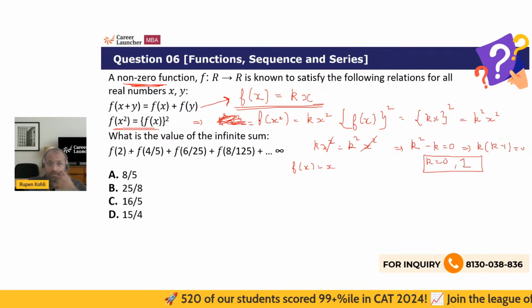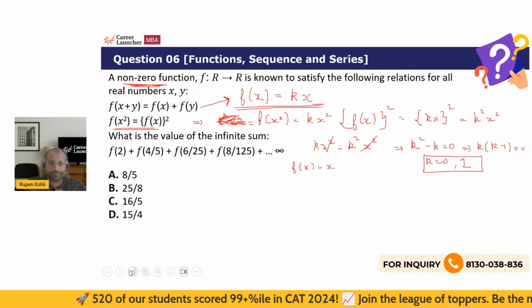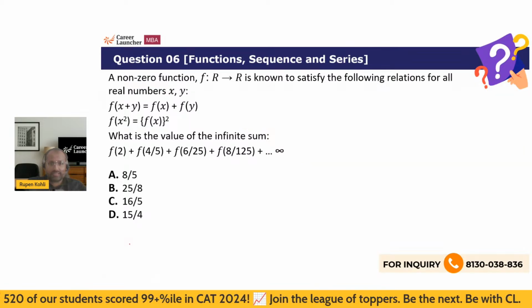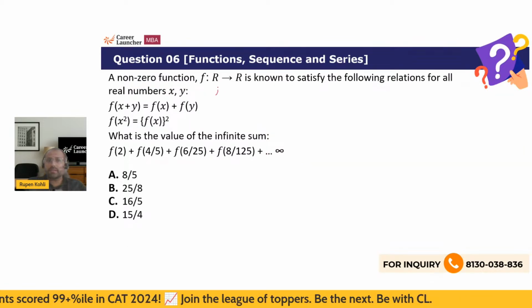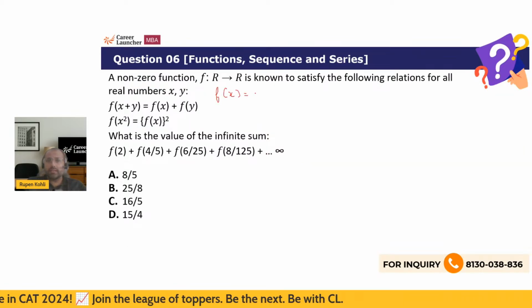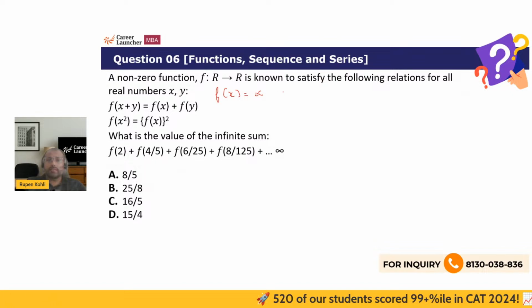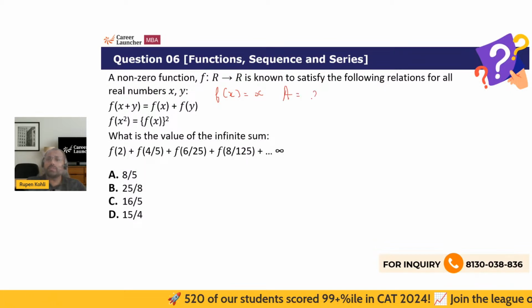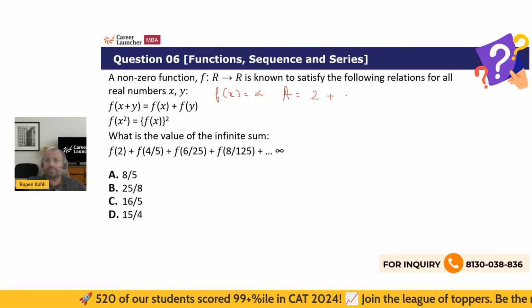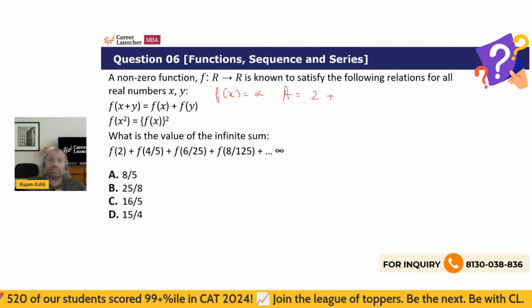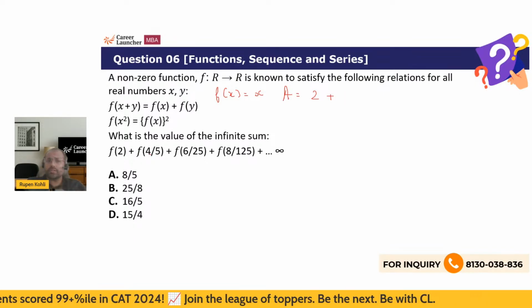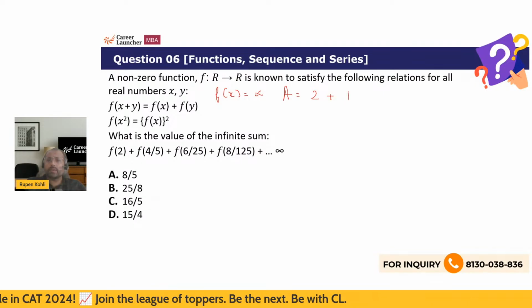So now what about this infinite sum? Now let me clear this, because we have identified from this working that f(x) is x. Now we have to solve for this infinite sum. Let's call it A. A becomes f of 2, which is 2, plus, so f of x is simply x, all the input values are the output itself, so 2 plus 4 by 5.